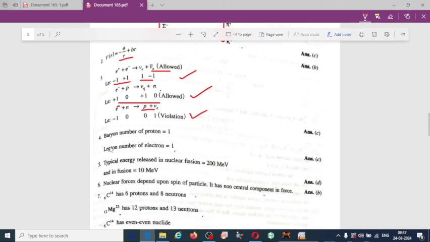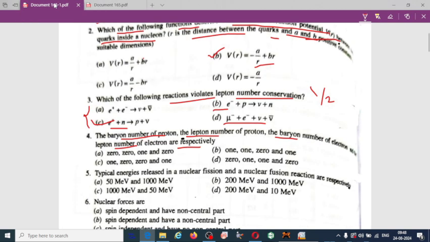For the given question, we have the standard values: baryon number of proton is 1, lepton number of proton is 0, baryon number of electron is 0 and lepton number of electron is 1. So option 1 0 0 1, option C, is correct.